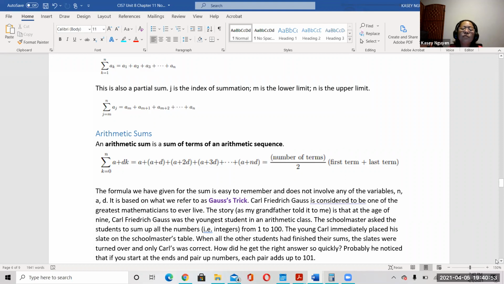If you're looking at the integers from 1 to 100, you take the first value, which is 1, and the last value, which is 100, and you add them up. Then you take the number of terms in that sequence, divide it by 2, and multiply it by that sum. That way you get the arithmetic sum, or the arithmetic series, for that sequence.